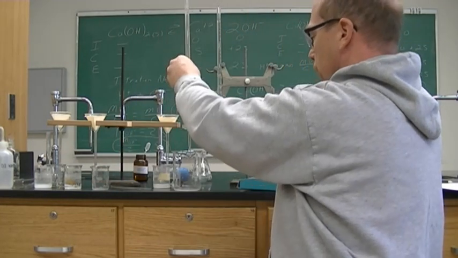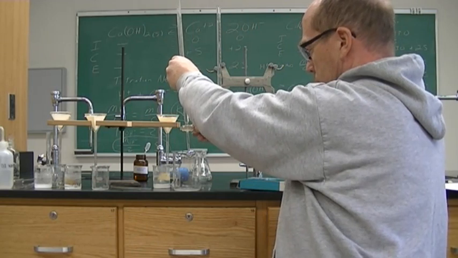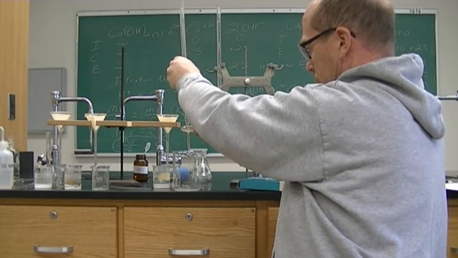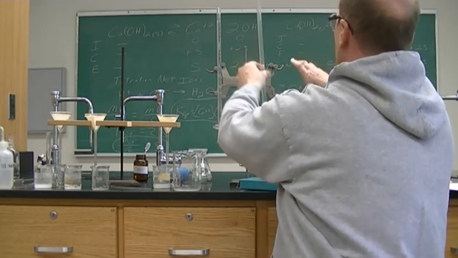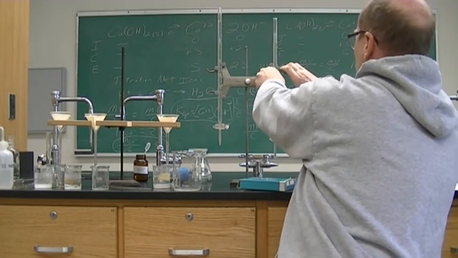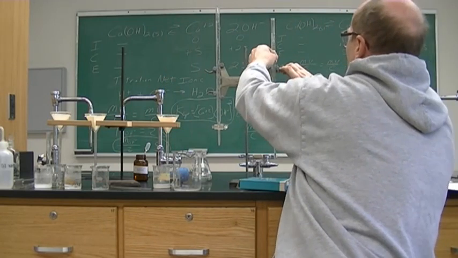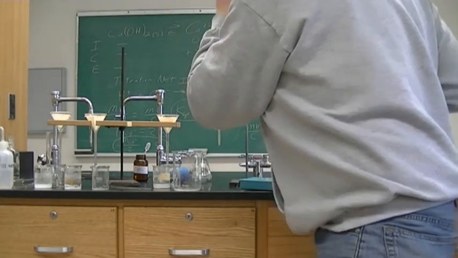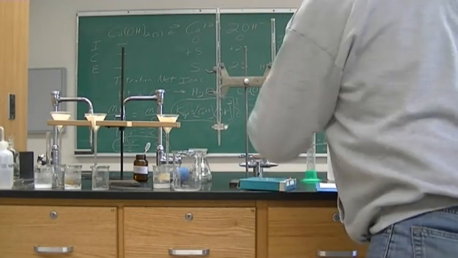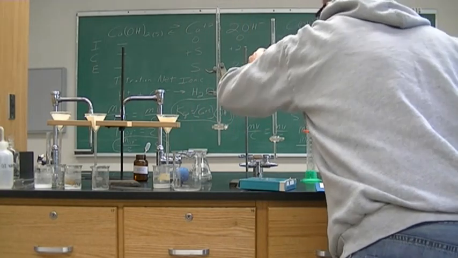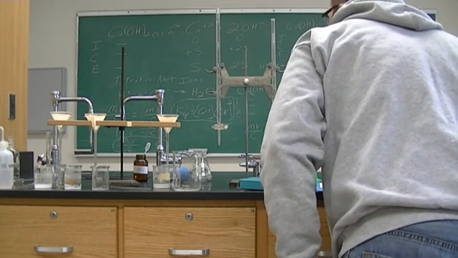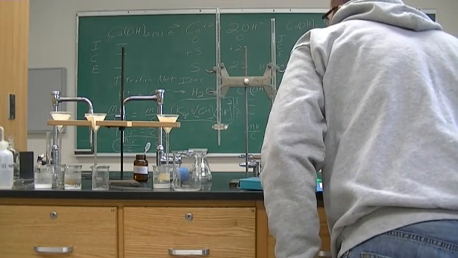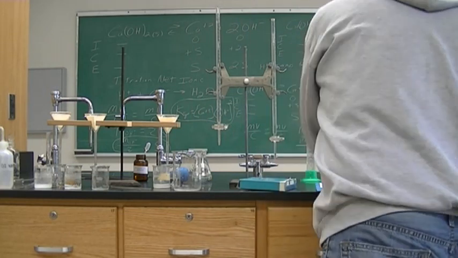Remove the air bubbles. All right. Get an initial reading. Our initial reading for this calcium hydroxide saturated solution is 2.59.